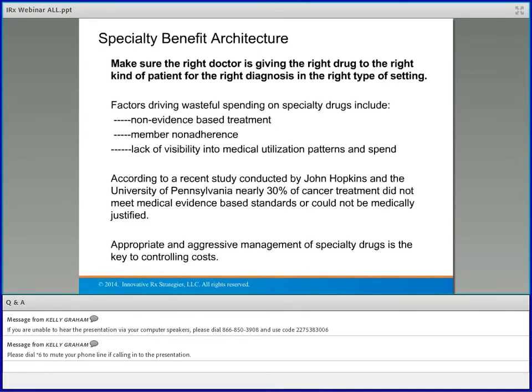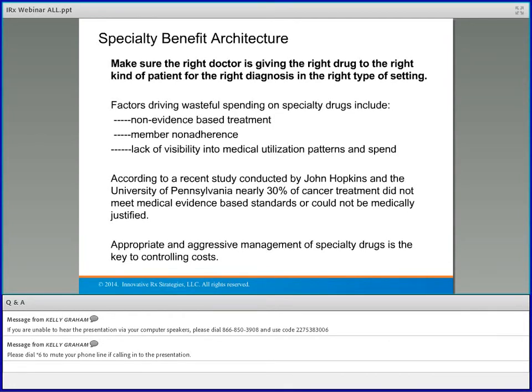Is the best outcome on the pharmacy side, or is it through my health insurance on the medical side? That's the tough part, and that's where as employers and sponsors of health benefit plans, you really need to work not only with your PBM, but also with your health plan to make sure that you're getting the outcomes you're looking for based upon what you're paying for, whether through the pharmacy benefit or the medical benefit.